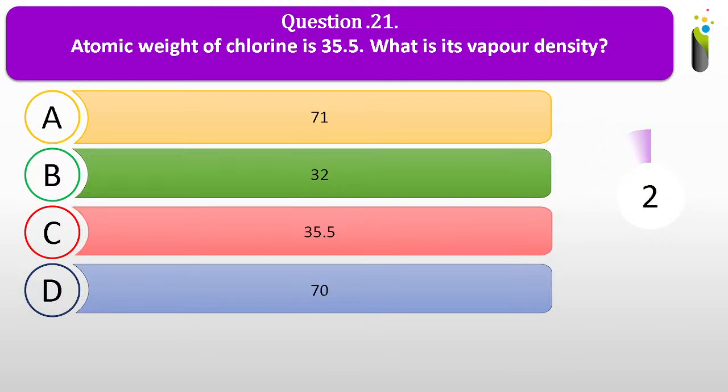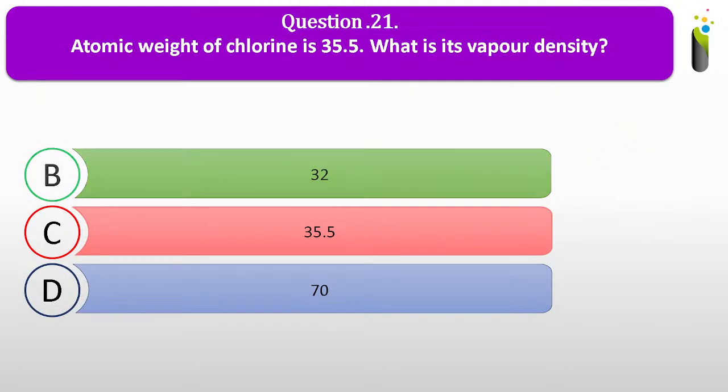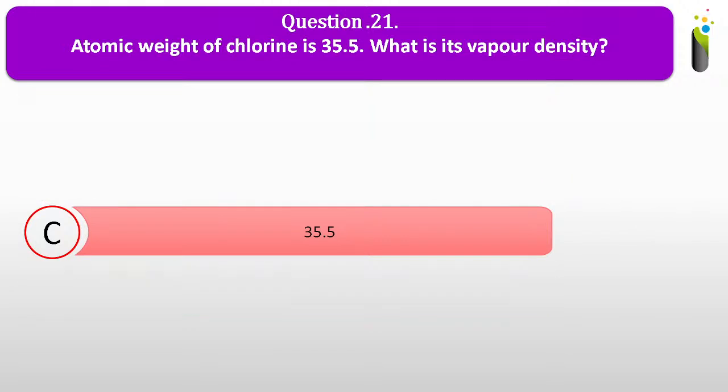So, come on, children, answer. Yes, the correct answer for this question is C, 35.5. So when the atomic weight of chlorine is 35.5, its vapor density is also equal to 35.5.